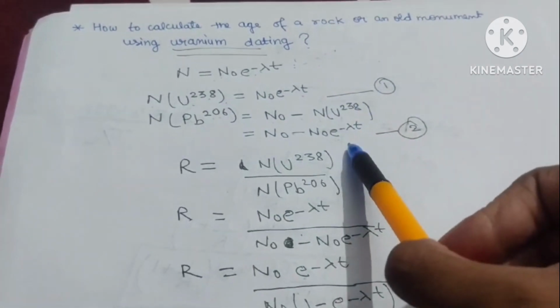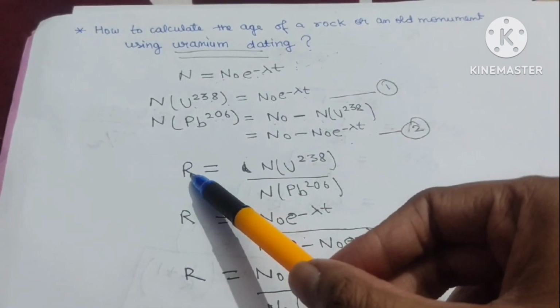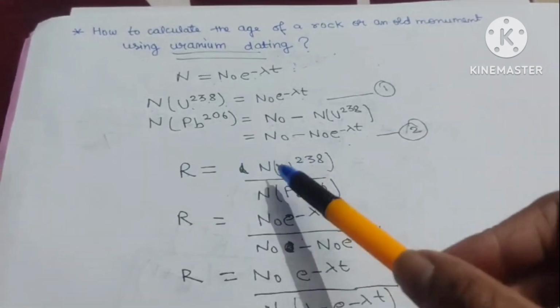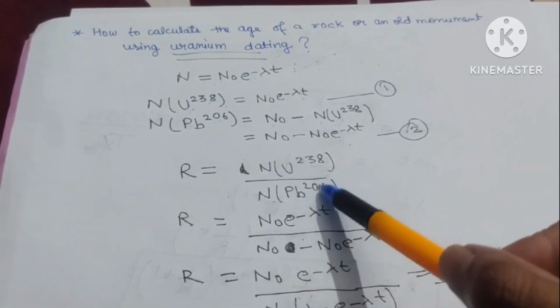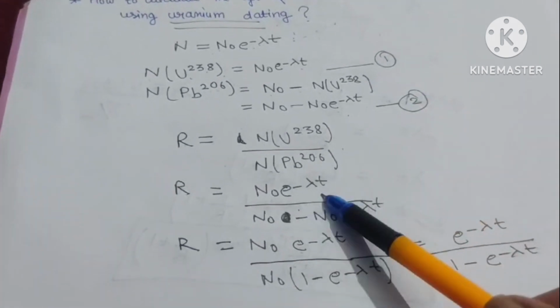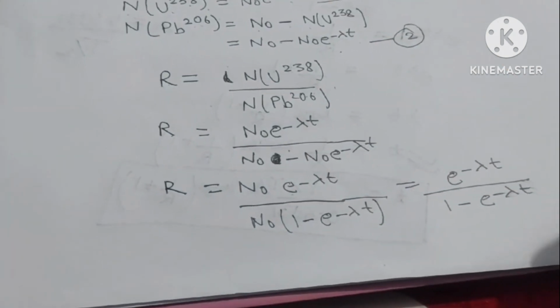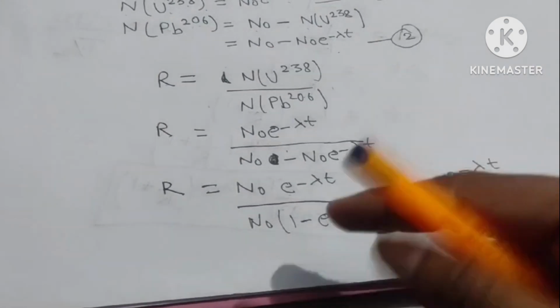Okay, so now put the value of N uranium 238, which is equation 1, and now we should know the activity of a radioactive substance, which is equal to N uranium 238 divided by N lead 206. Put equation 1 and equation 2 here to solve this problem.